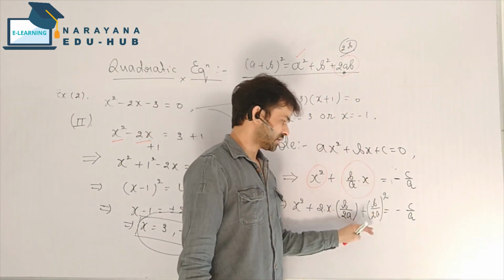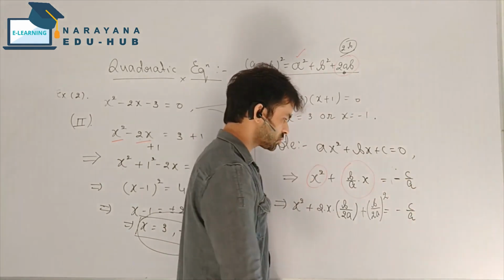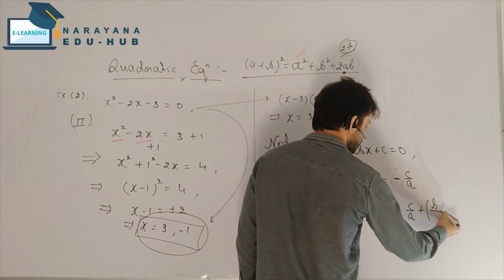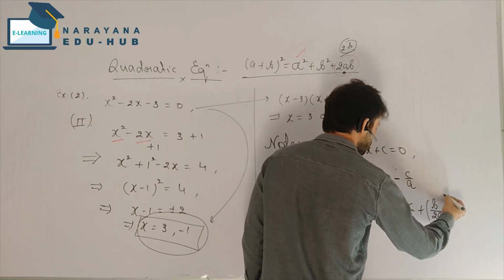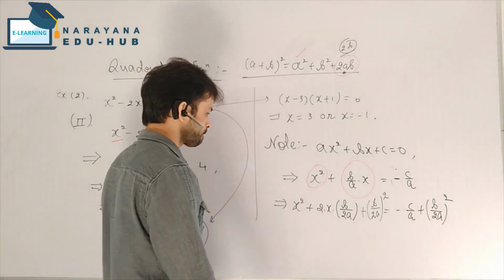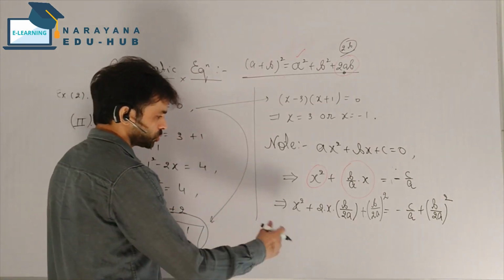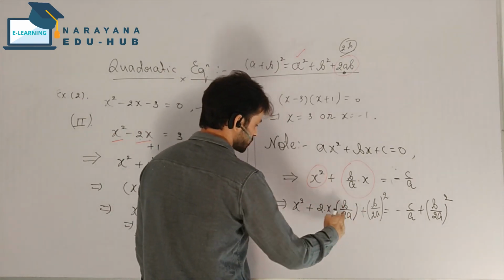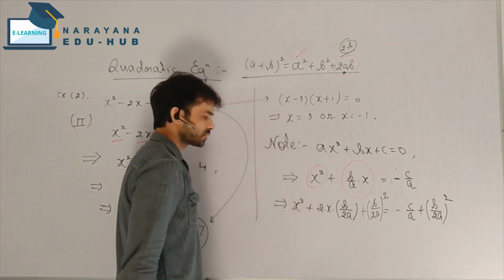So if we add in here, we have to add on the other side also. So plus b by 2a whole square. Right. So this becomes like a square plus b square plus 2ab.